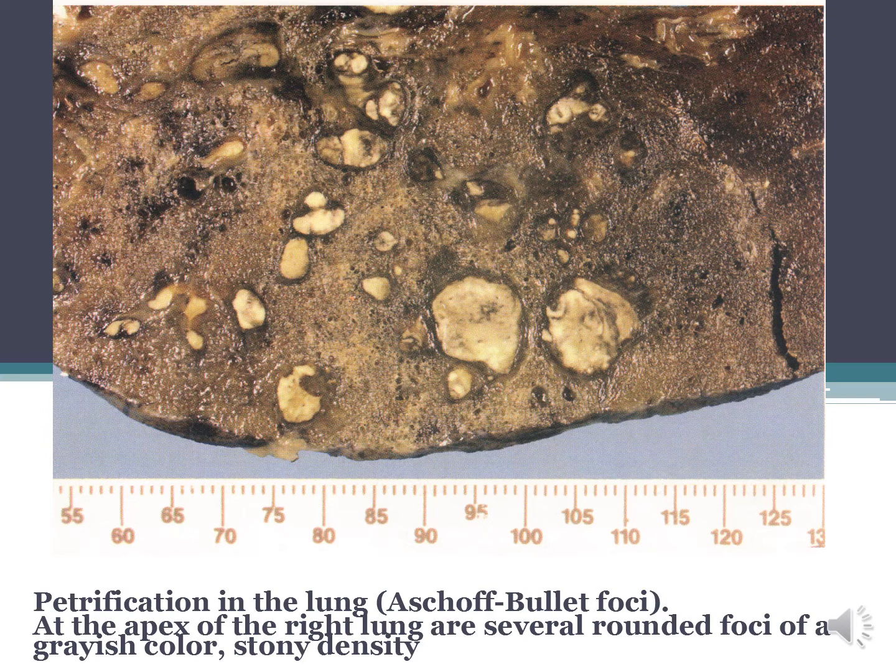They are rounded foci of various sizes, of yellowish-grayish color with stony density. So they are Ashoff bodies. These are the areas of tuberculosis with calcification.